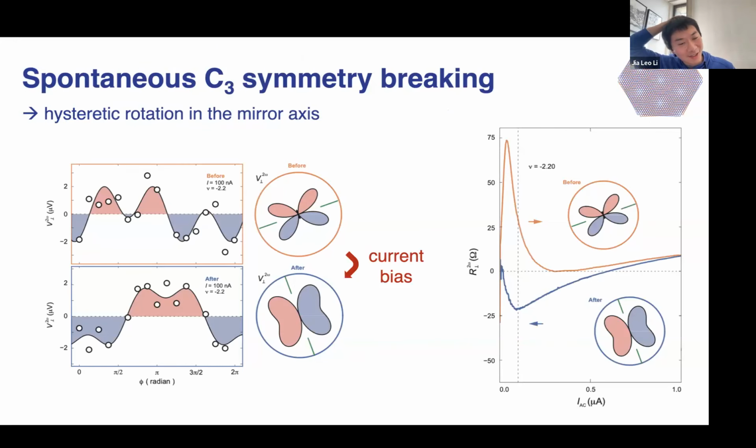Right, okay, so what that shows is that we have rotational symmetry breaking, and the rotational symmetry breaking seems to be hysteretic. It's just picking between degenerate ground states, right? And all of these are fairly consistent with valley polarization and momentum polarization, some kind of instability in momentum space that's giving rise to rotational and time-reversal symmetry breaking.